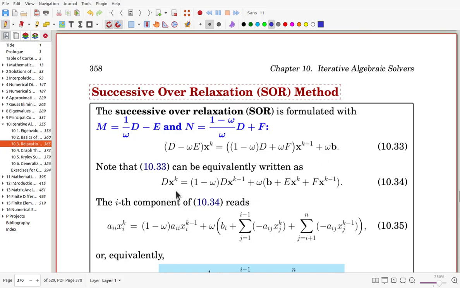Now x^k and (1 minus omega) x^(k-1) and omega, and that portion. Now this one, once we multiply by the inverse, disappears, and there's a D inverse, which is division by a_ii for the ith component.